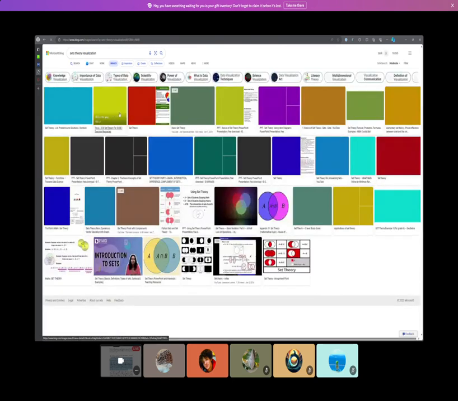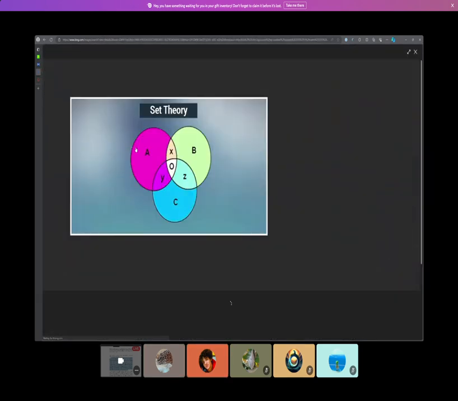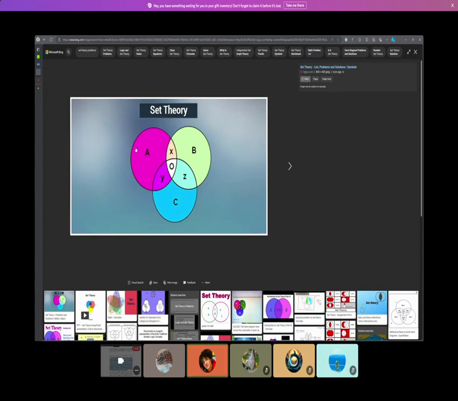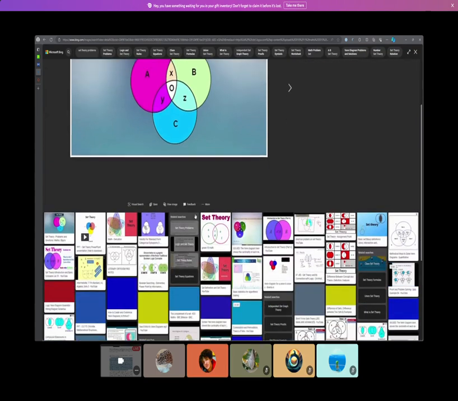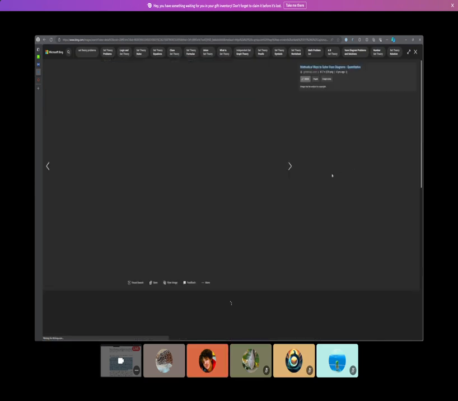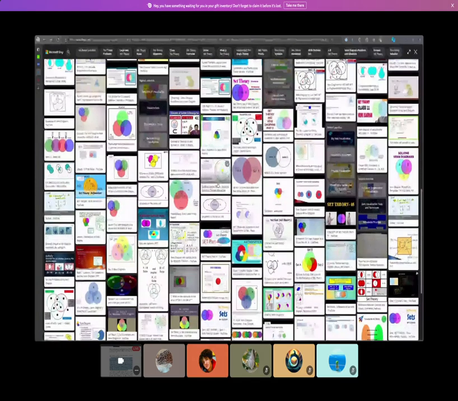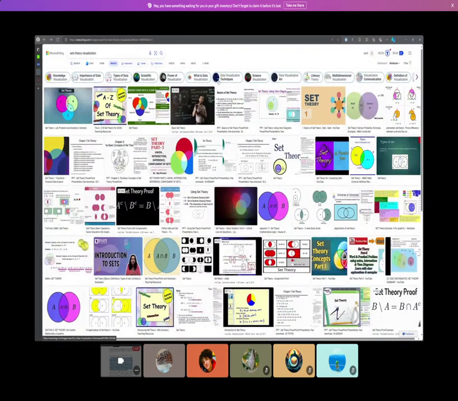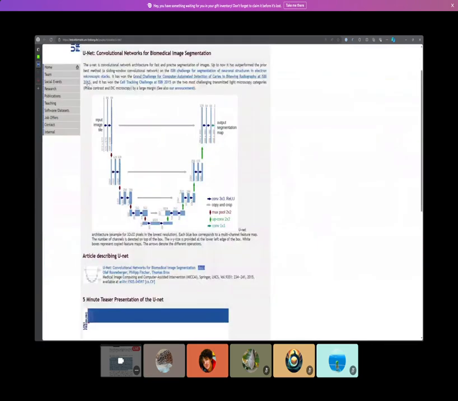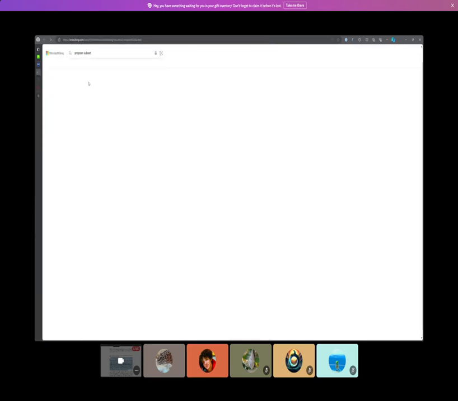Look up what is a proper subset. Look up proper subset.